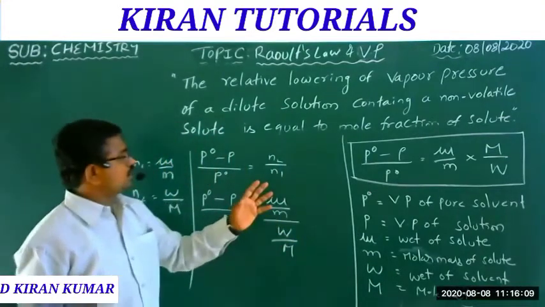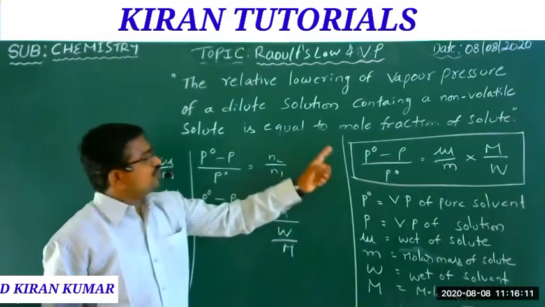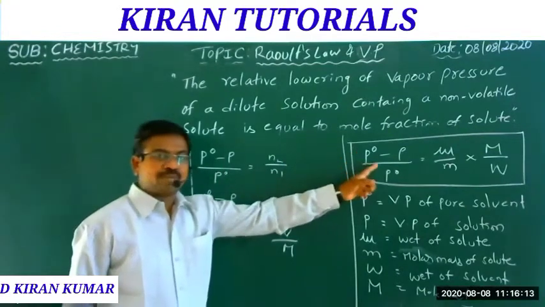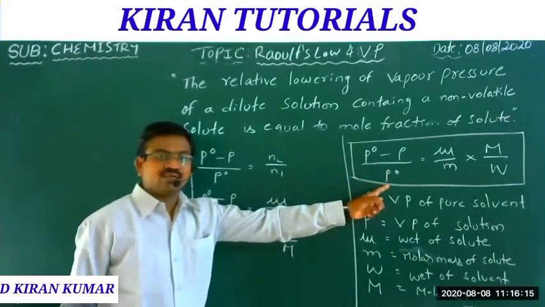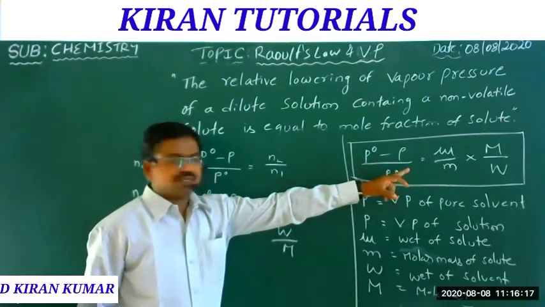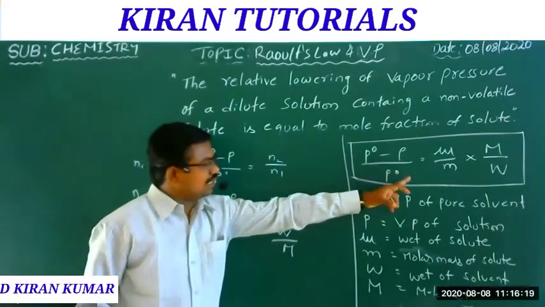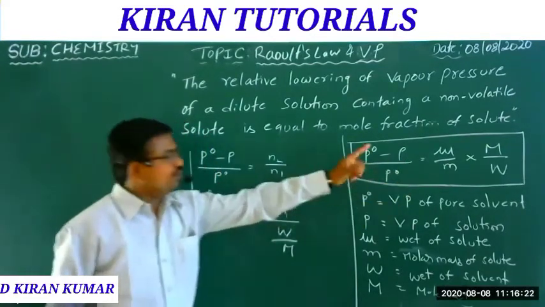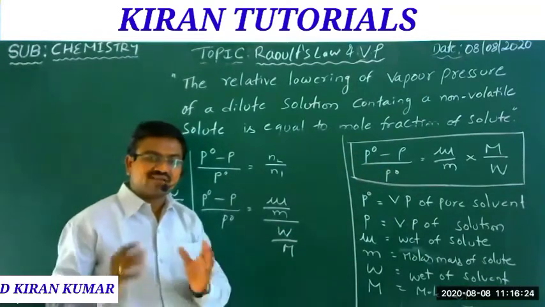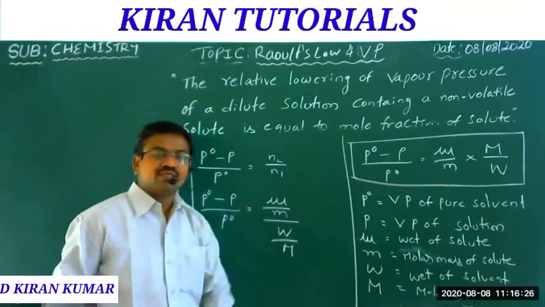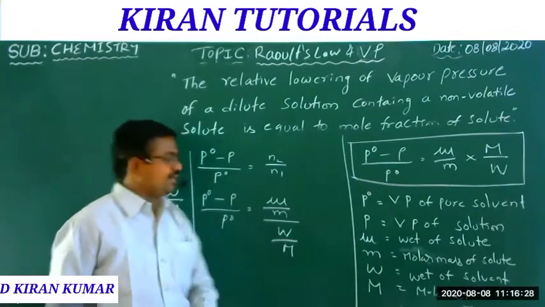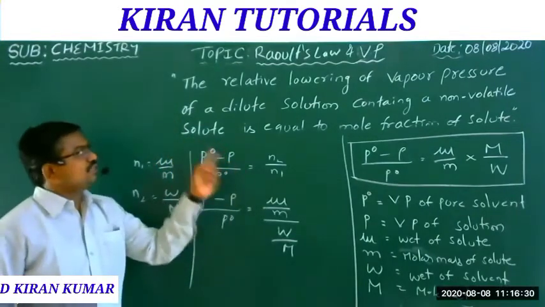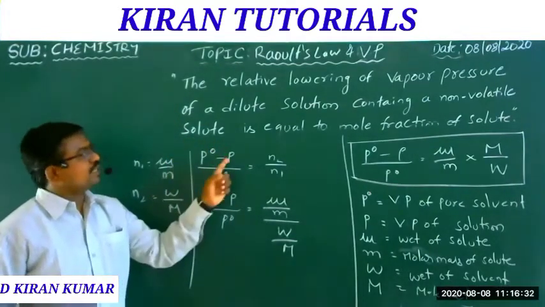So that is the formula of Raoult's law: P naught minus P by P naught equals weight of solute by molecular weight of solute into molecular weight of solvent by weight of solvent. So it is called Raoult's law.